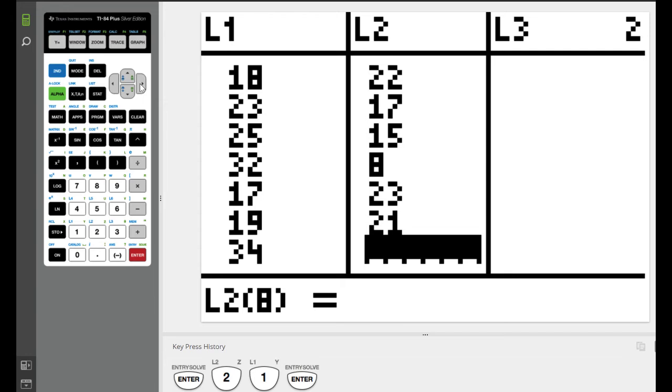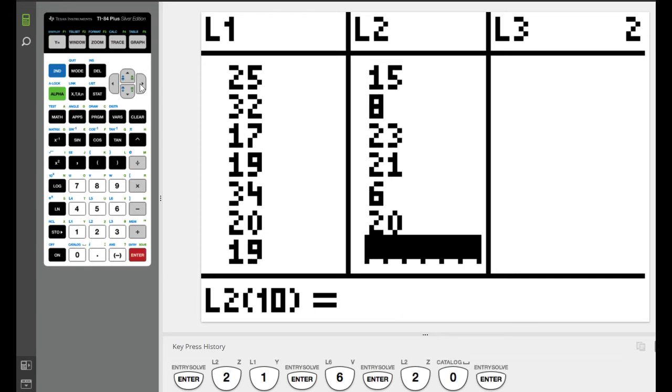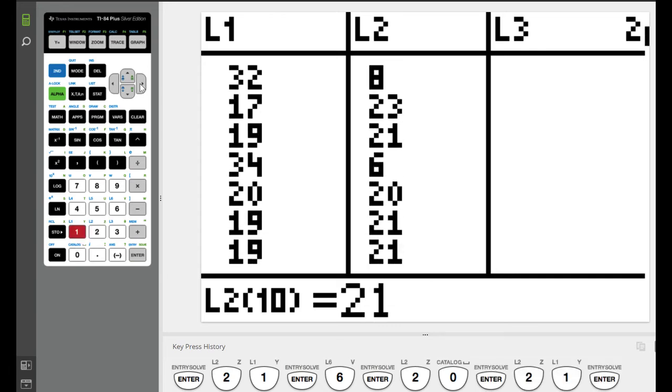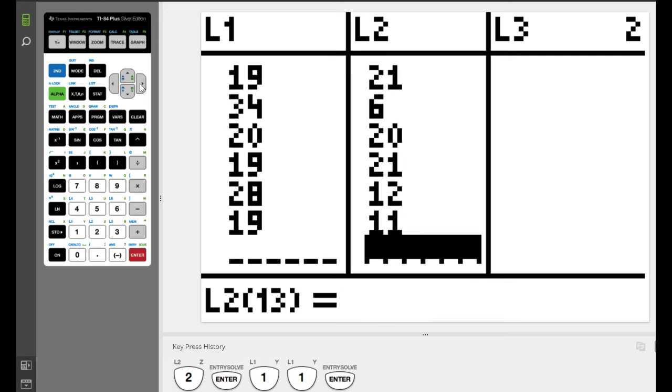What do we have next? 6, 20, 21, 12, and 11. All right, so we have our data set in there, and hopefully they're all matching up.